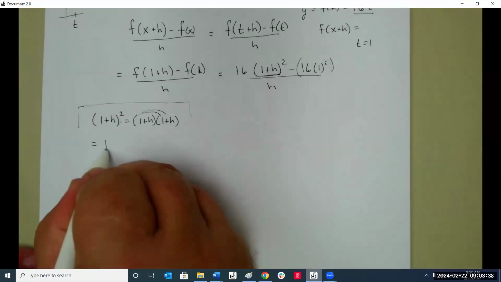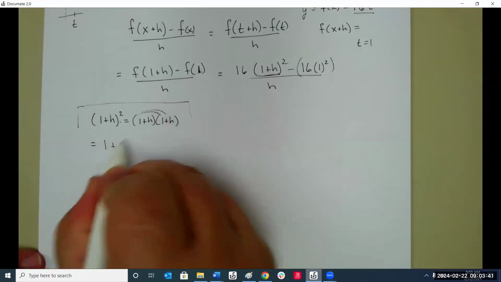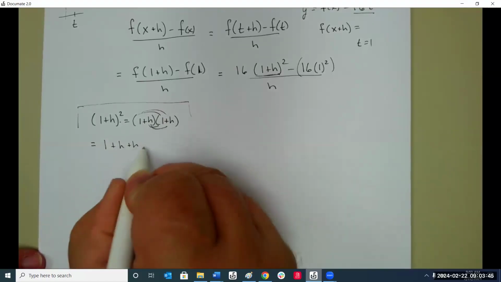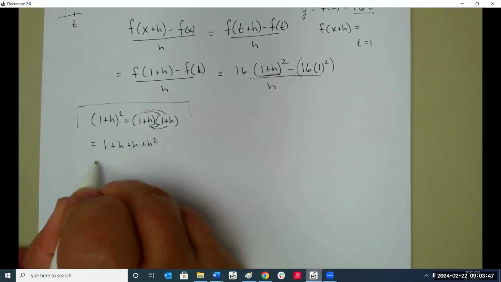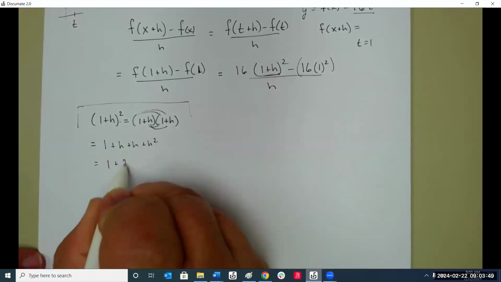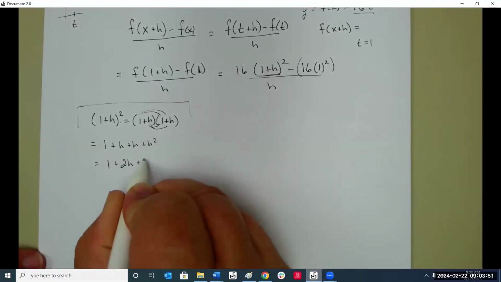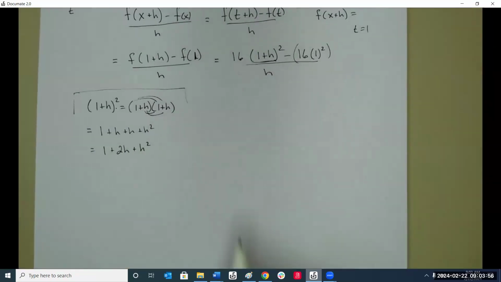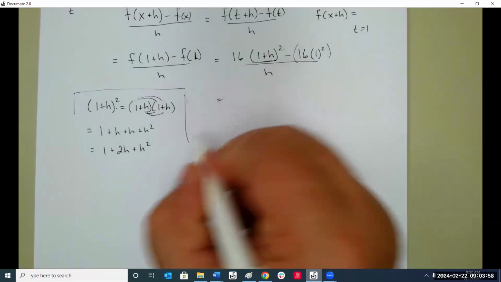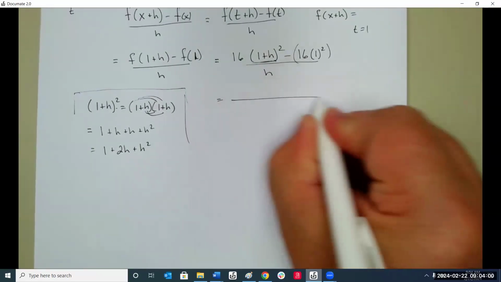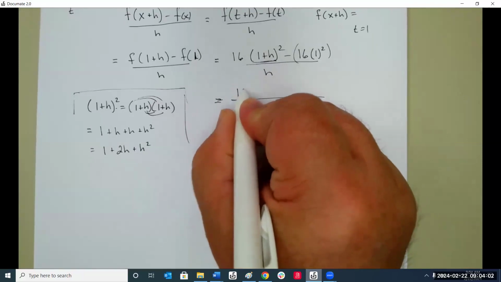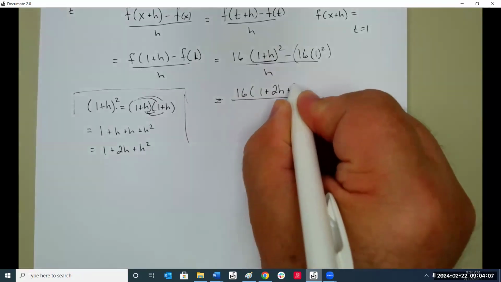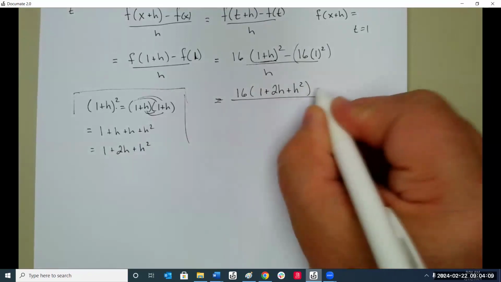One times one is one. One times h is h. H squared, which is 1 plus 2h plus h squared.